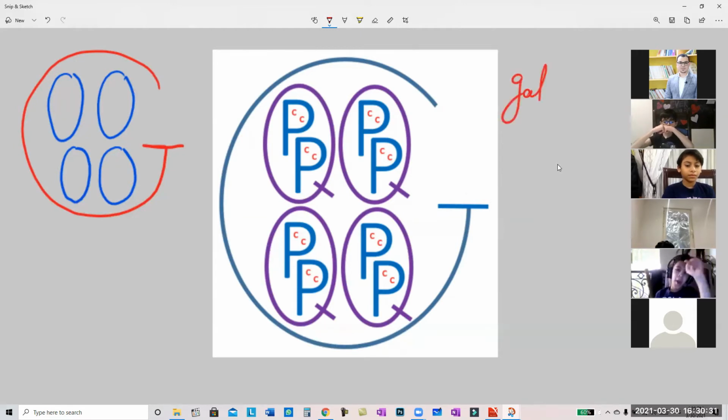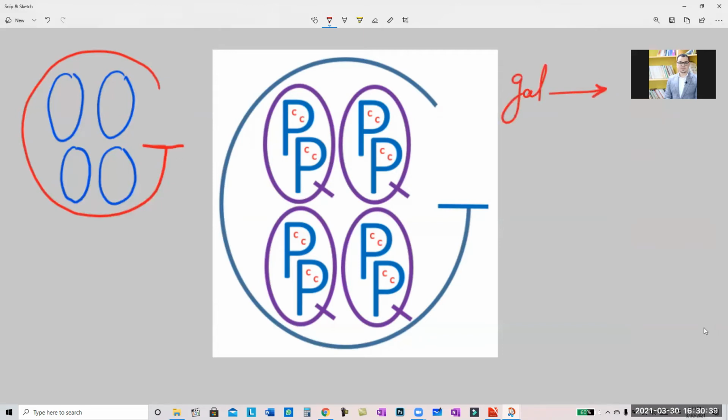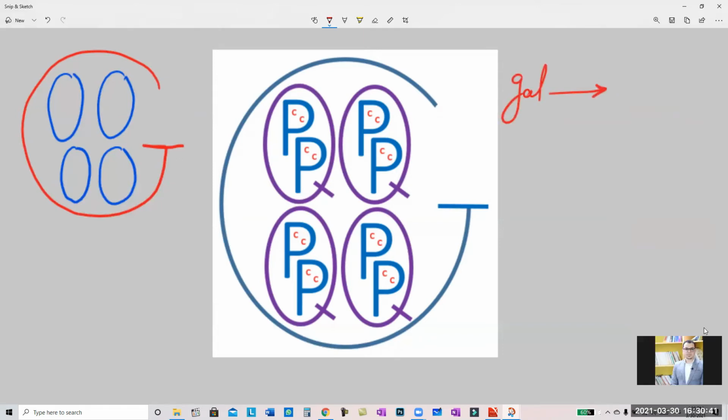Because we have 4 Q's here, and Q is the abbreviation of quart. So we have 4 quarts in 1 gallon.